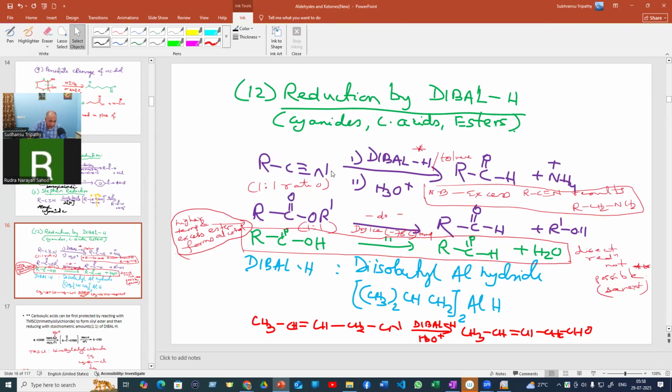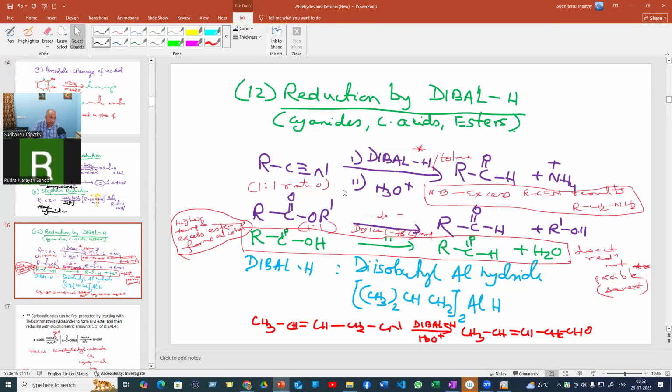Excess of alkane nitrile results in an amine, because the imine will be further reduced to produce RCH2NH2. It goes via the imine, CH double bond NH. So you don't take excess of the substrate. Take a 1:1 ratio, then only you get an aldehyde from cyanide.